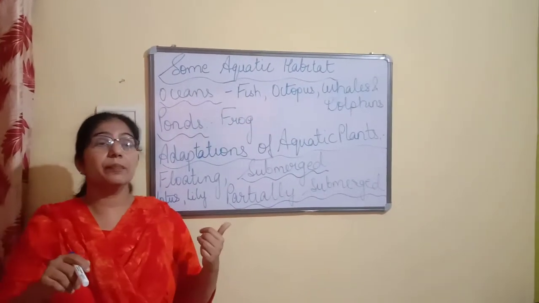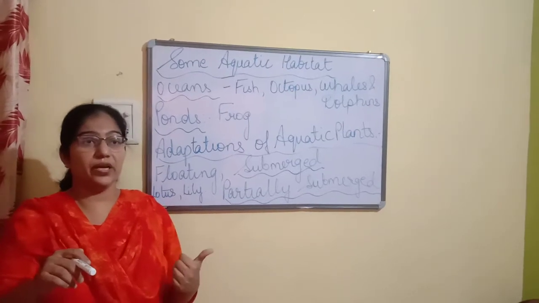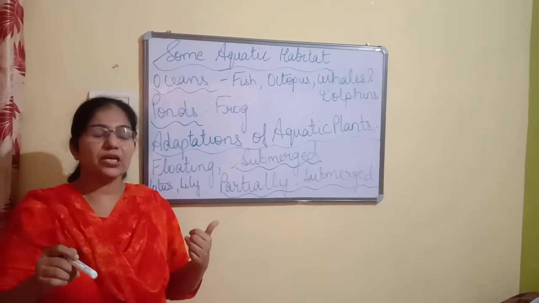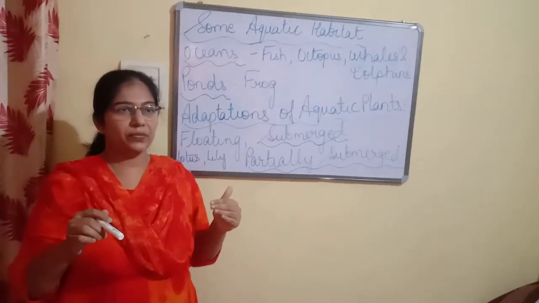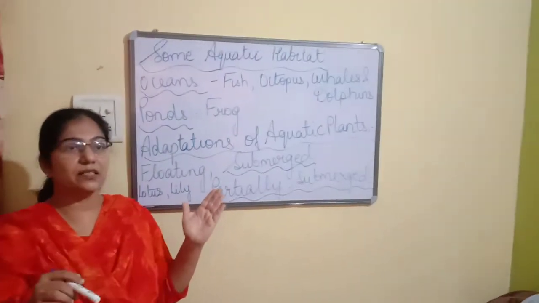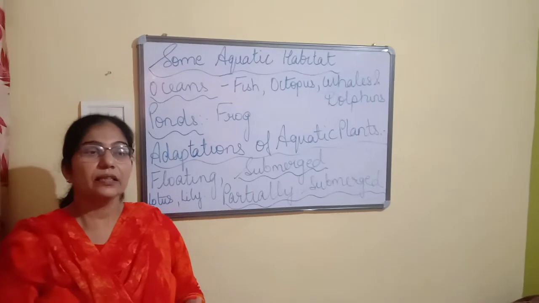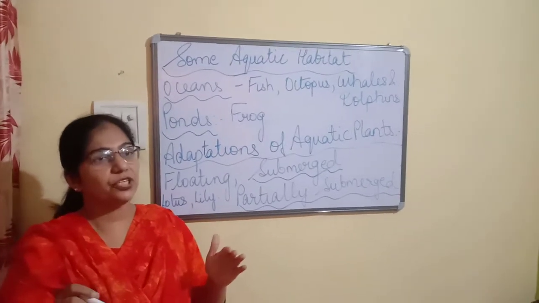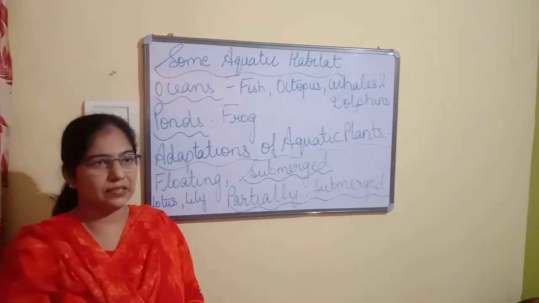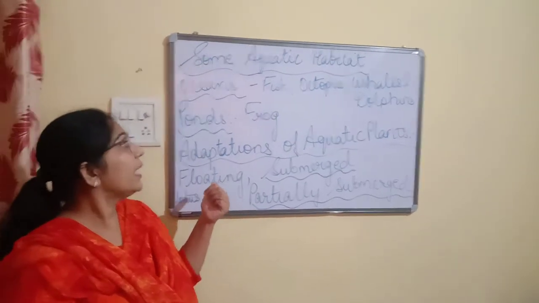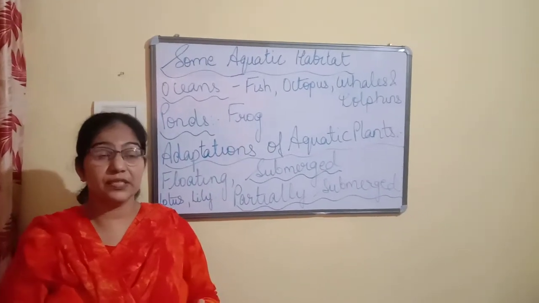Secondly, there are slippery scales on its body which protect the fish as well as help the fish to swim in water. Then they have flat fins and tail that help the fish to find directions and maintain the body balance. So these are the adaptations that a fish possesses.